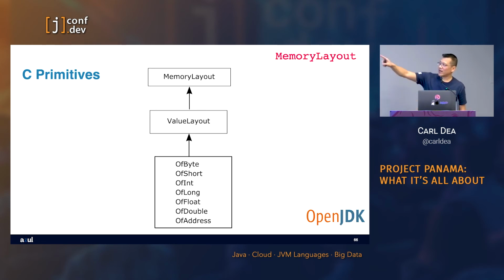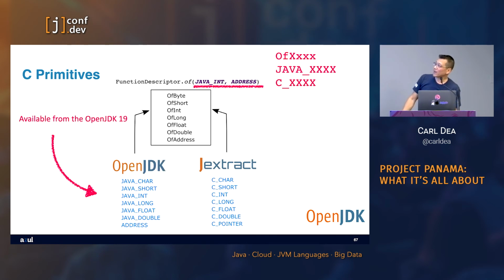So again, value layouts extend from MemoryLayout. And then you have those inner classes that are predefined that map to the ones on the left. So with OpenJDK, you get those predefined ones. If you use jextract, you're going to get really close to whatever the platform is.